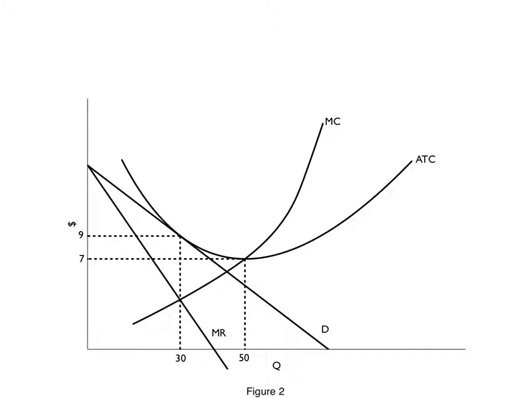And now you can see that marginal cost and marginal revenue intersect at a quantity of 30. So our optimal quantity is 30, and we're going to produce and sell those 30 units.